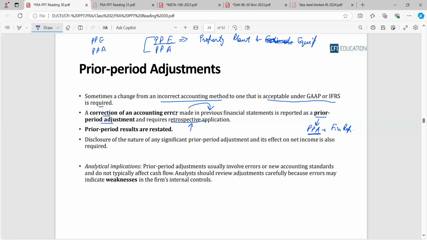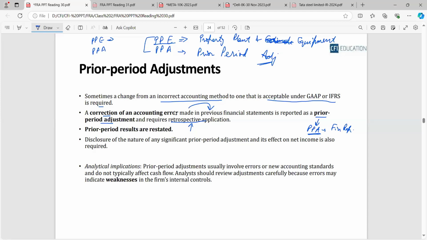I wrongly wrote this earlier. And PPA stands for prior period adjustments. These are some of the terminologies we come across in the consolidated balance sheets as well as the income statements of different companies, especially US companies. Even in India, this PP word is used.